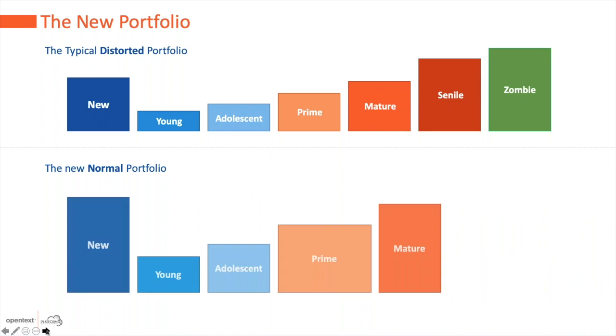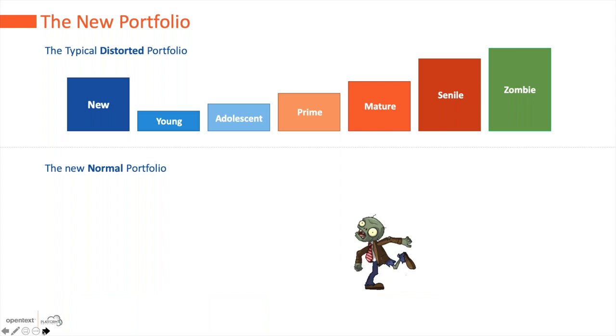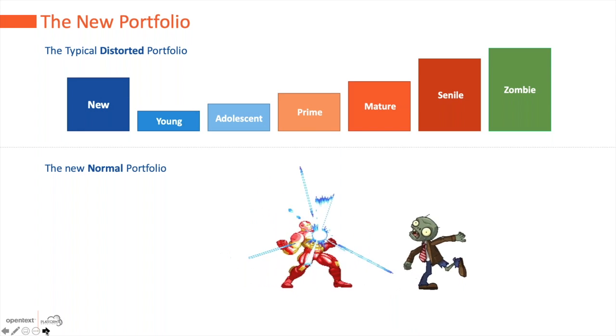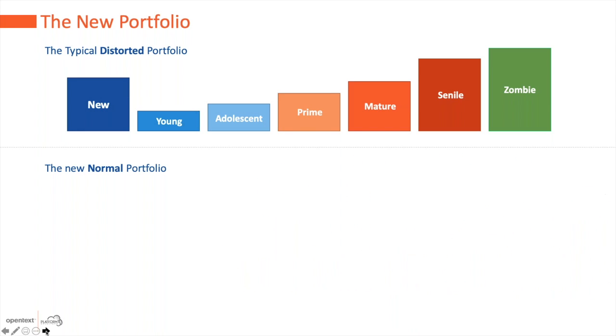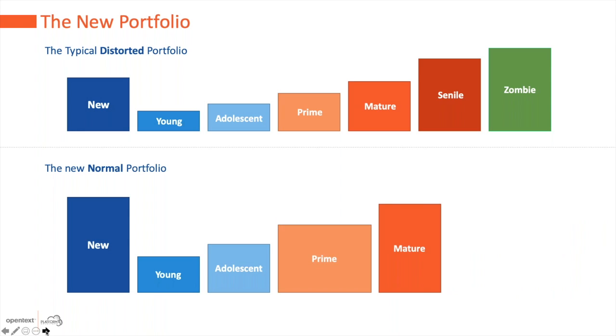So, again, we talked about the typical distorted portfolio, and hopefully you saw a very familiar cartoon or comic book character that we're actually renaming as the application undertaker, who has successfully eradicated the zombie applications, oh, there he goes, from your data center, and helped you to normalize your portfolio and save quite a bit of money in the overall operational costs.